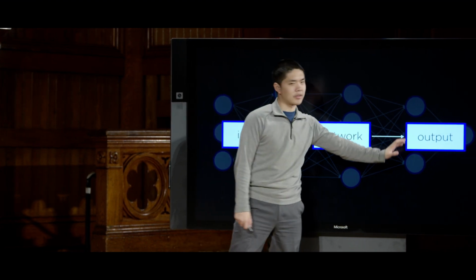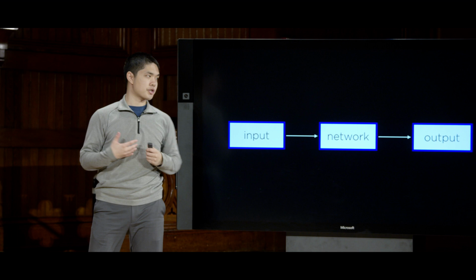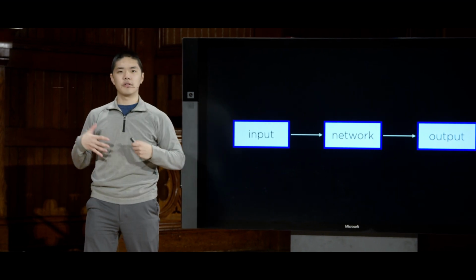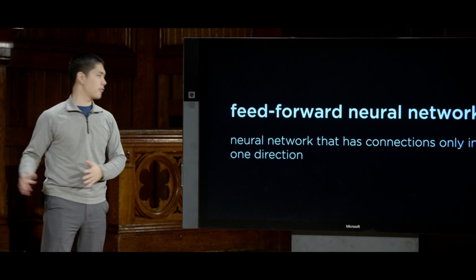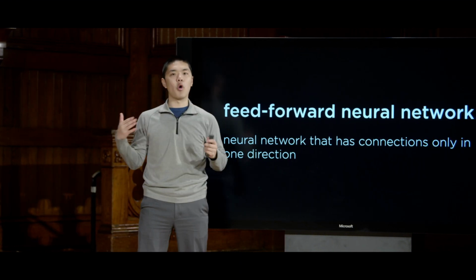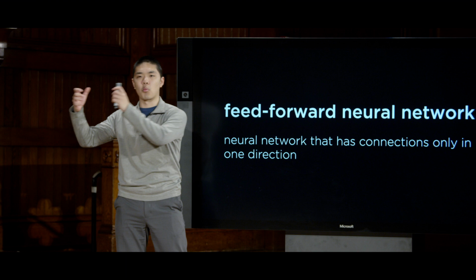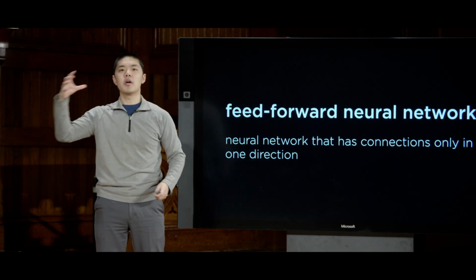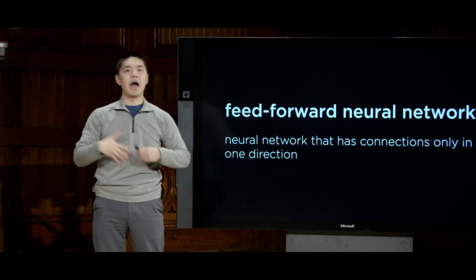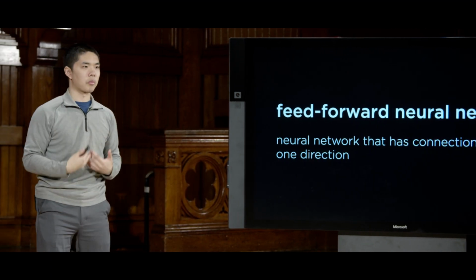And using that input, the network calculates what the output should be. And this sort of model for a neural network is what we might call a feed-forward neural network. Feed-forward neural networks have connections only in one direction. They move from one layer to the next layer to the layer after that, such that the inputs pass through various different hidden layers and then ultimately produce some sort of output.